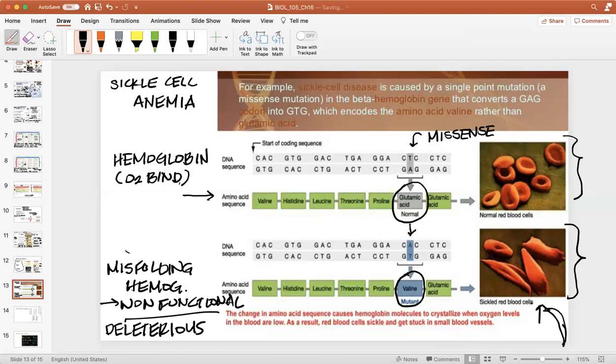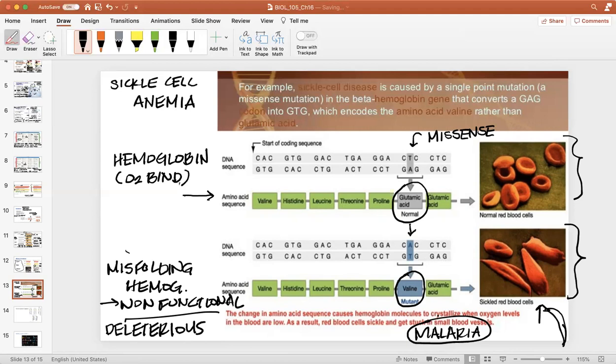But here's the thing. It turns out that people that have sickle cell anemia are slightly more resistant to malaria, which on the African continent is a very harmful disease. Basically, it is a unicellular parasite that exists inside of your blood, and it gets inside your blood cells.